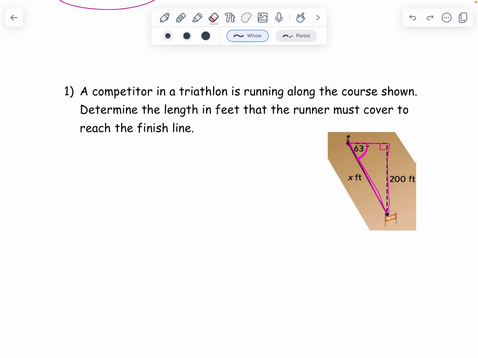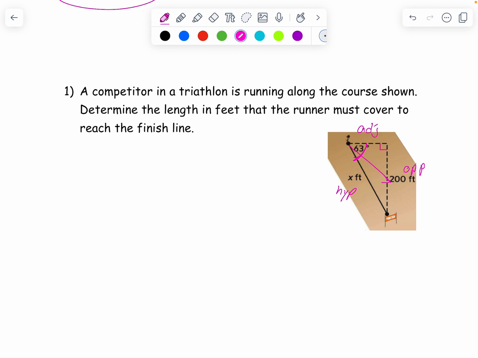So let's go ahead and label what we've got. Across from our right angle, that's going to be our hypotenuse. So that's what we're having to find, our hypotenuse. Then across from the angle we're using, which is 63, should be our opposite.